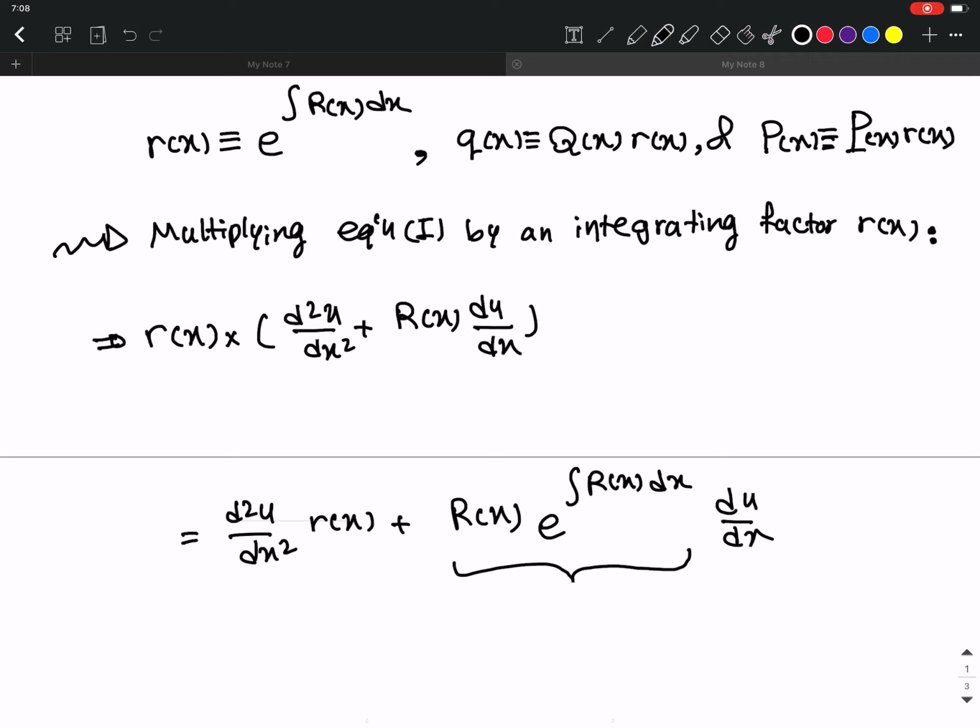Can you simplify these two terms and write them in terms of R(x)? Take a moment to think about it. How can you reduce that or write it in terms of R(x)?